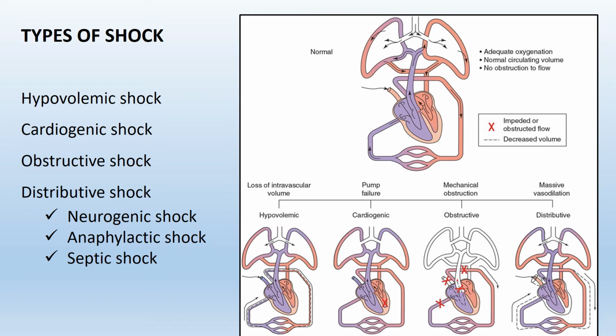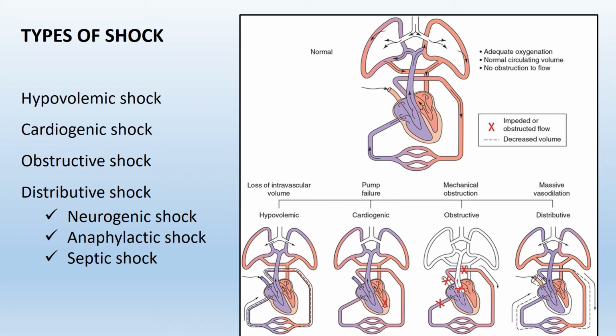The main manifestations of obstructive shock are due to elevated right heart pressure and failure, such as increased jugular venous distension.